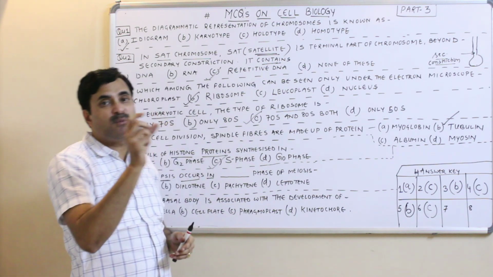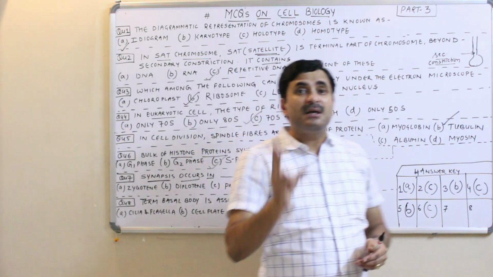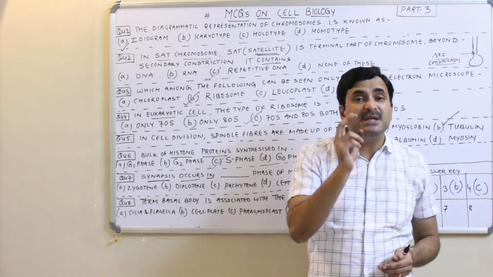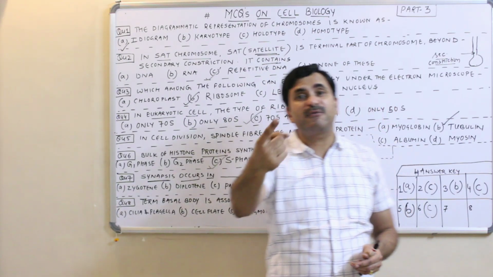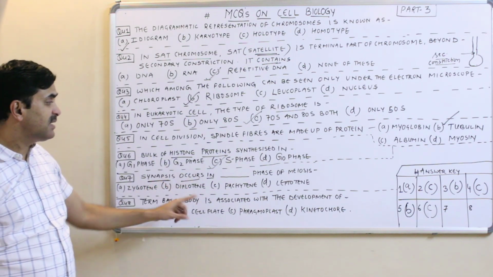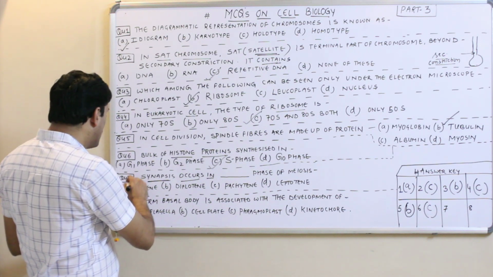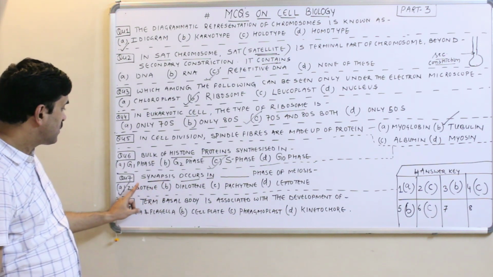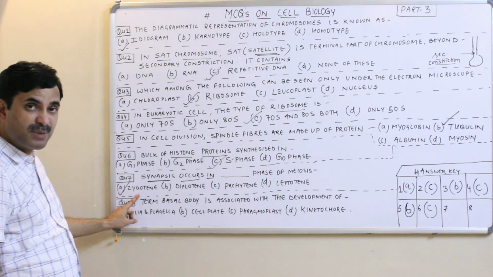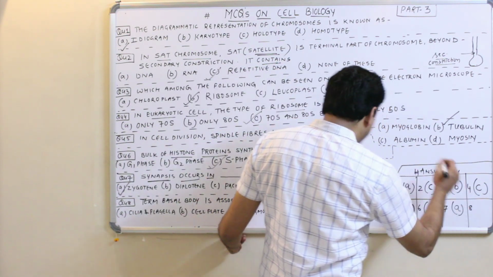Remember this: this pairing of homologous chromosomes in the zygotene substage of prophase I of meiosis I is actually the synapsis. So synapsis is the pairing of homologous chromosomes, and it always occurs in the zygotene stage. So the answer of question number 7 is zygotene, option A.